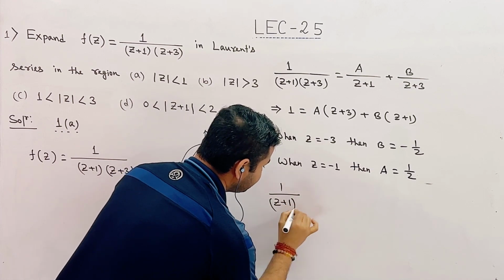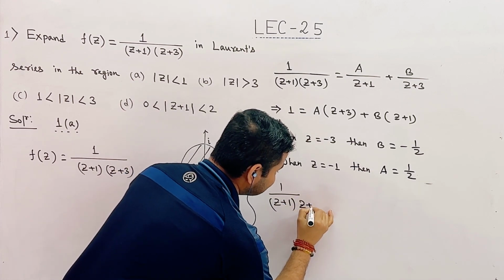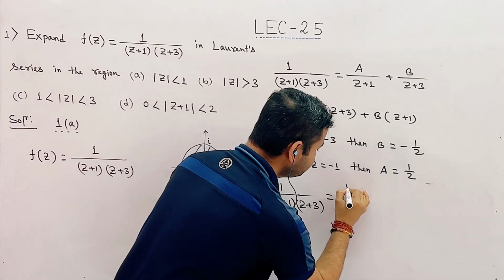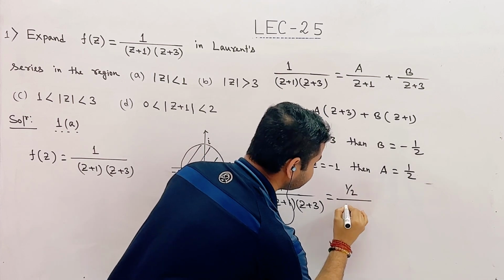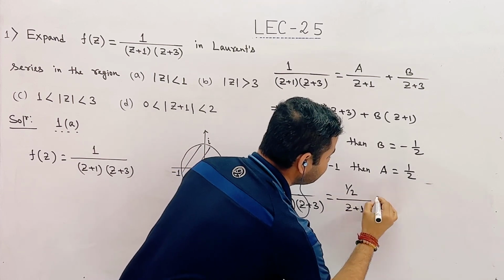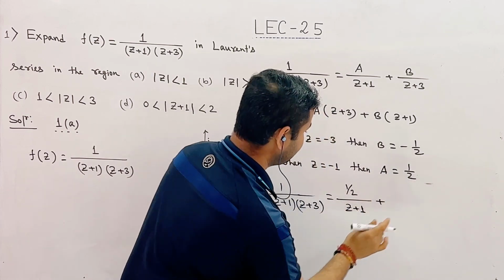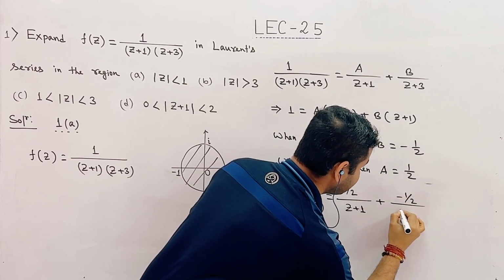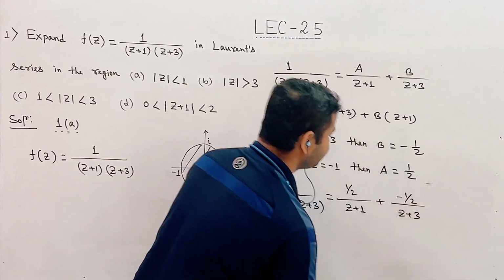So finally we have seen that 1 by (z plus 1) into (z plus 3) is equal to half divided by (z plus 1) plus minus half divided by (z plus 3).